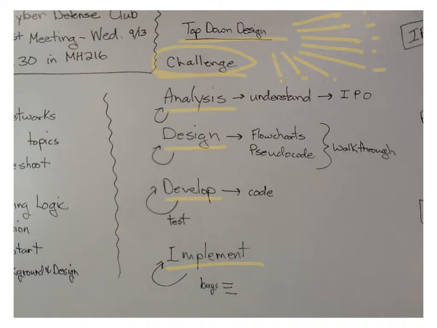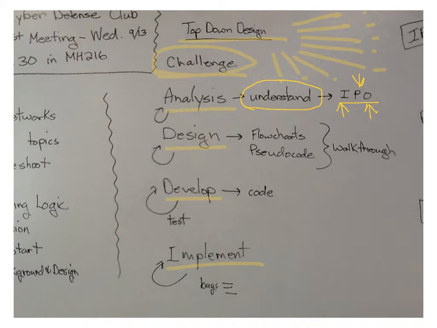Analyze. You must understand the problem. You have to understand what you're going to put in, what you want out, and then you come up with a process that accomplishes that. So we talk about IPO.